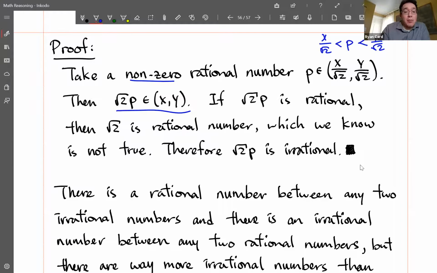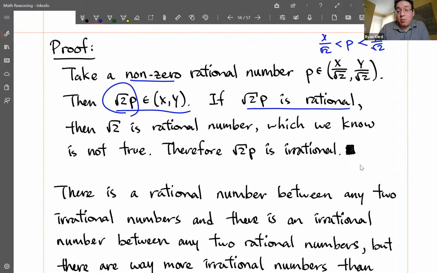My claim is that if you take a rational number and multiply by square root of 2, you'll get an irrational number again. Let me convince you how. If it happened to be rational, then remember rational numbers are closed under multiplication and division, right? It's a field. So you could divide by the rational number p to get square root of 2.